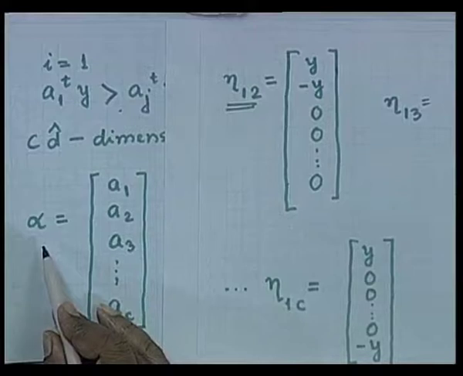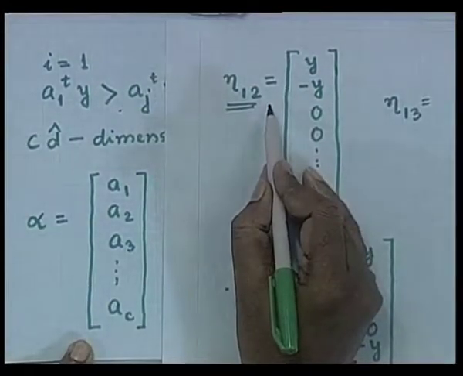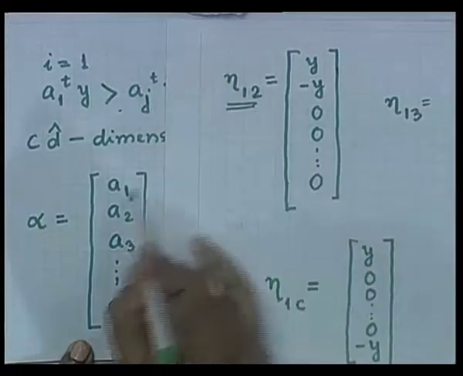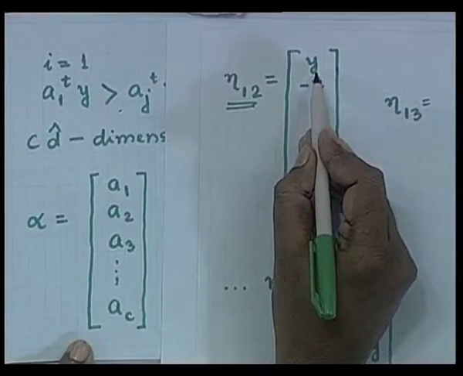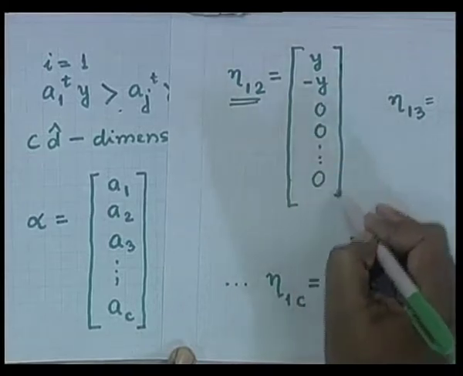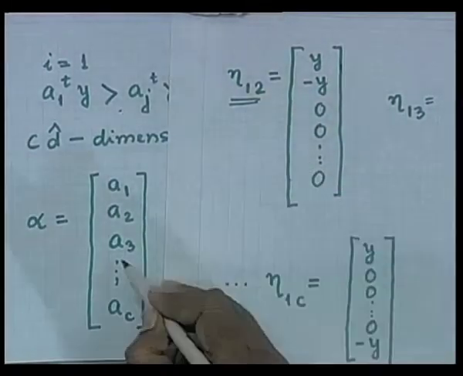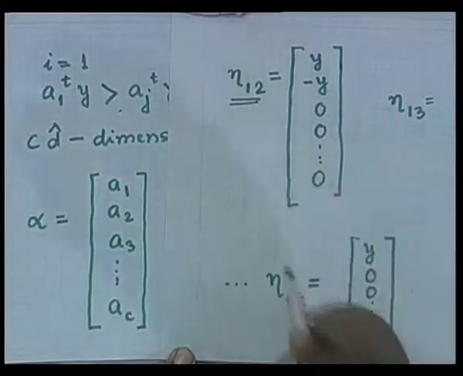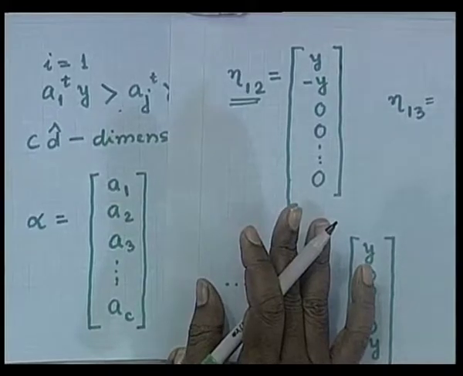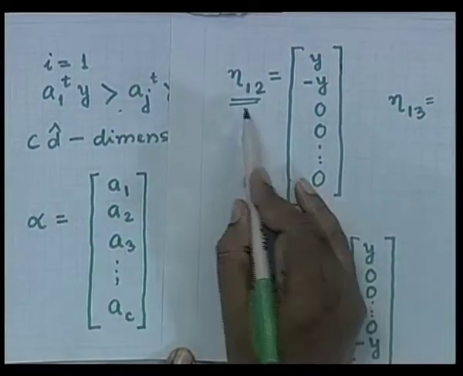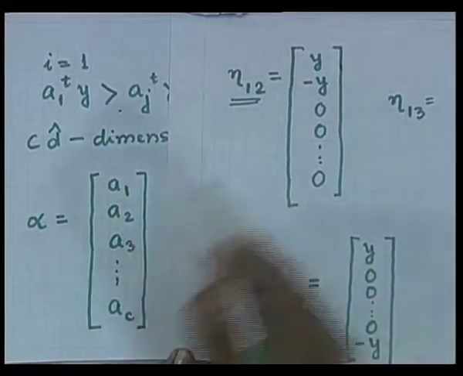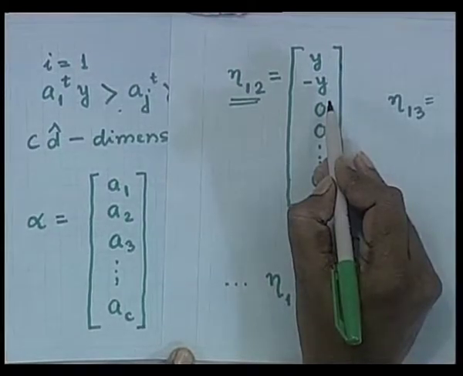If I take alpha transpose eta 1 2, that computation is equivalent to a 1 transpose y minus a 2 transpose y. The rest of the components in eta 1 2 are 0, so the corresponding vector multiplication has no effect on the result. So, alpha transpose eta 1 2 is simply a 1 transpose y minus a 2 transpose y.